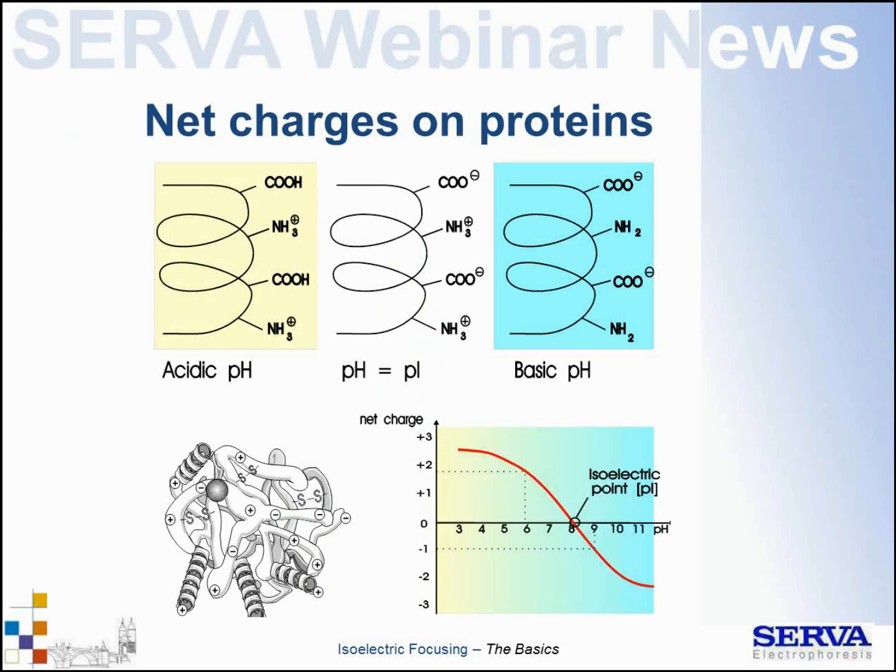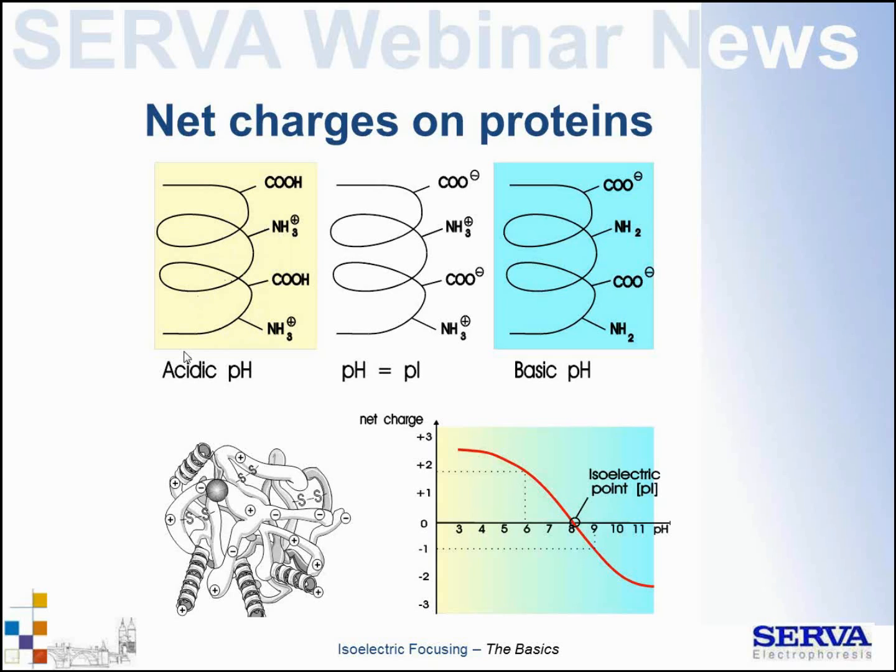And here in this schematic drawing, you may know that already, when you put such an amphoteric molecule into a basic environment, you will get deprotonation of the carboxylic groups, so the molecule will have negative net charges. And if you put it into an acidic environment, it will be protonated, and then the amino groups will be protonated, which means the molecule has positive net charge.